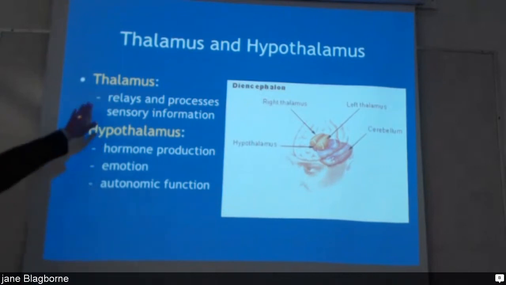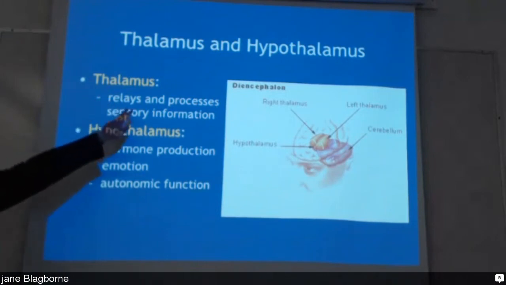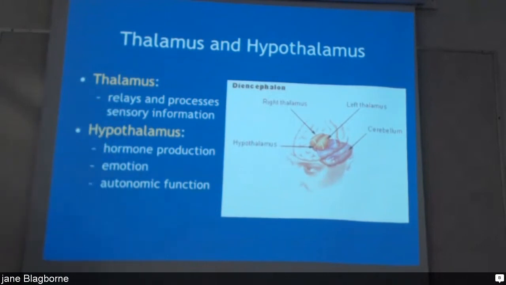If there was any damage to the thalamus at all, then the input and output of information would be affected as well.